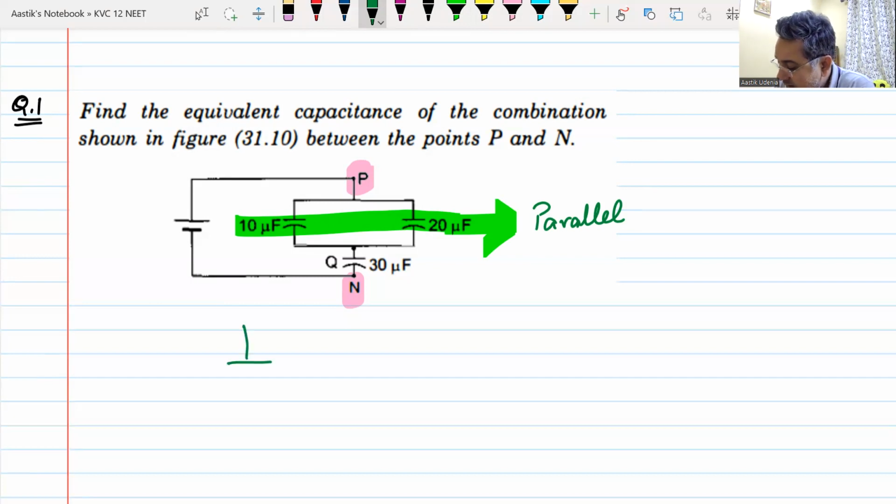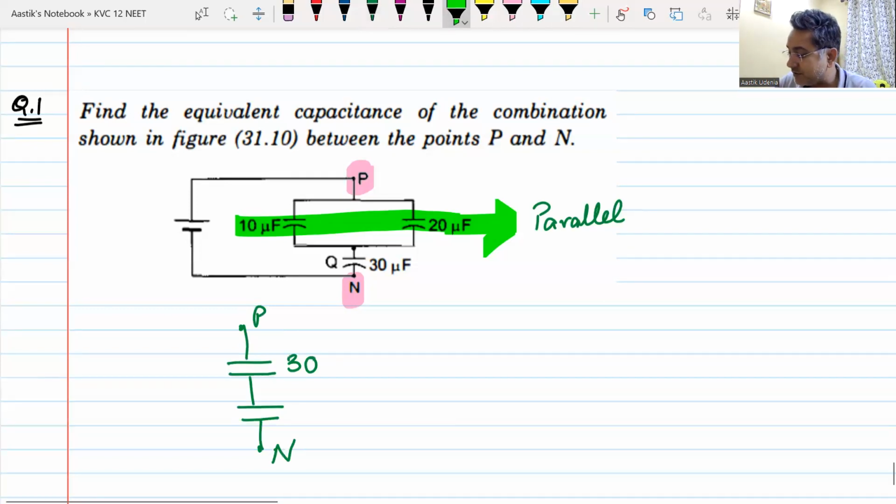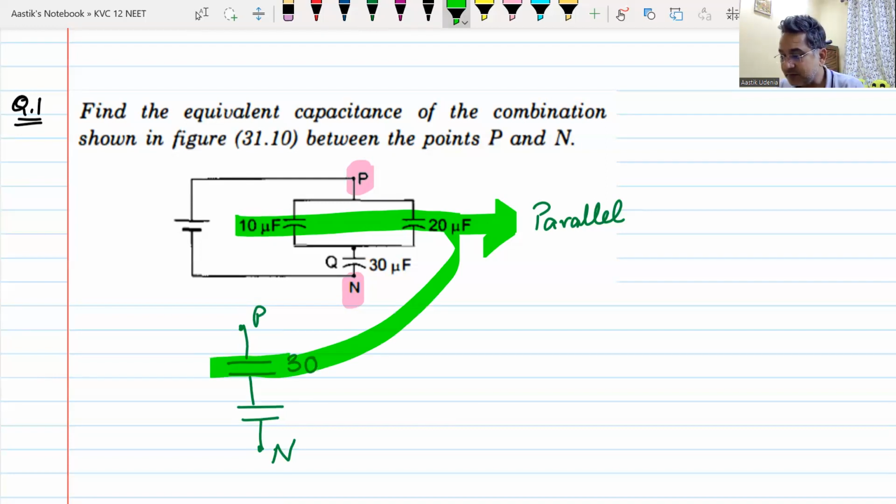If I do that, then if I draw the circuit between points P and N, it will look like this. This is the 30 microfarad capacitor which I have created because of the parallel connection. Do we understand this? Yes, sir.